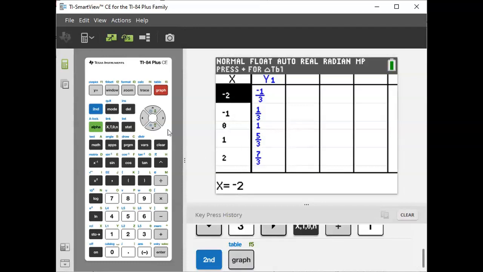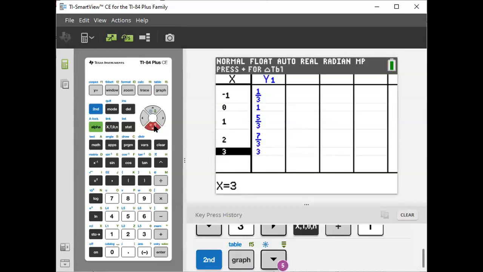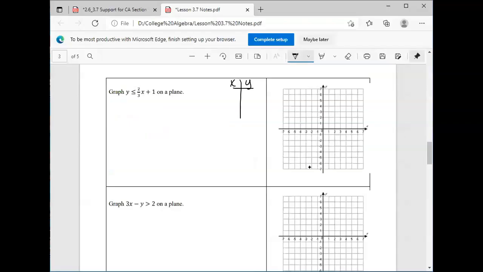So 0, 1 would be a good one. 3, 3 is a good one. So we said 0, 1 and 3, 3. So 0, 1 right here, 3, 3 right here.